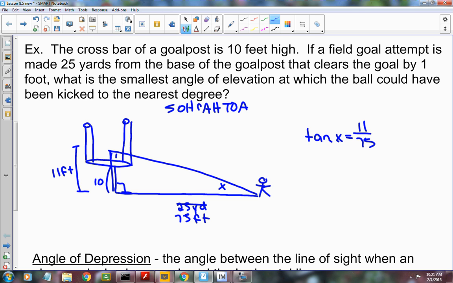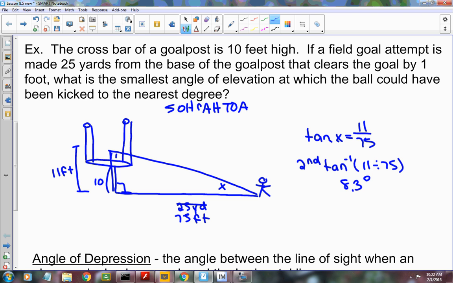Second tangent, right? So I'm going to do second tangent 11 divided by 75. I'm using second tangent because I'm looking for the angle. So second tangent 11 divided by 75, and that's going to be 8.3.